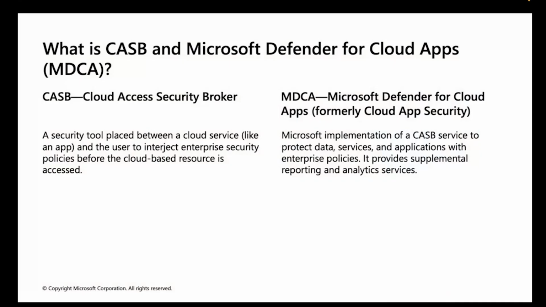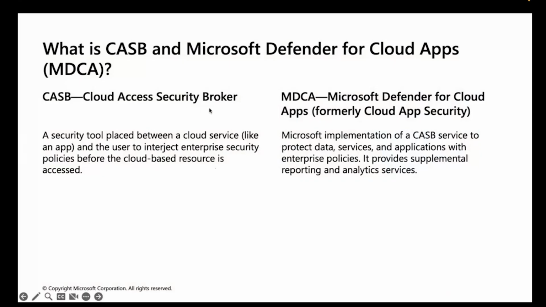It checks what kind of traffic is being shared between user and application, and it interjects enterprise security policies before the cloud-based resource is accessed. It sits in between and protects your application from malicious access, unauthorized access, and different kinds of abnormal behavior.